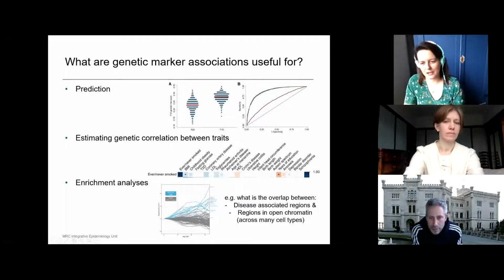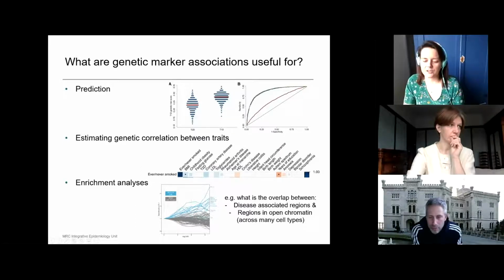This heat map shows whether these traits are positively, in blue, or negatively genetically correlated with smoking. The one that came up strongest was a negative correlation with years of education.